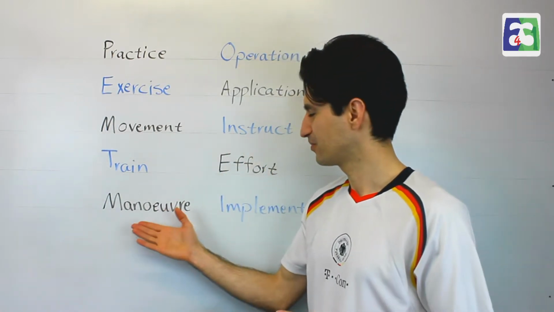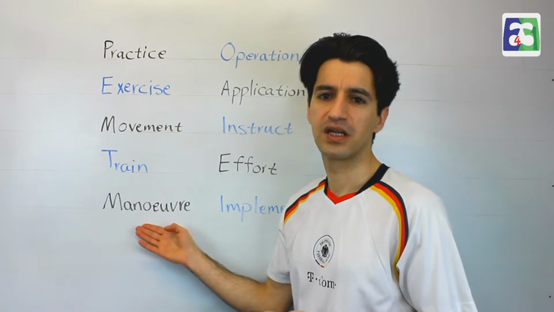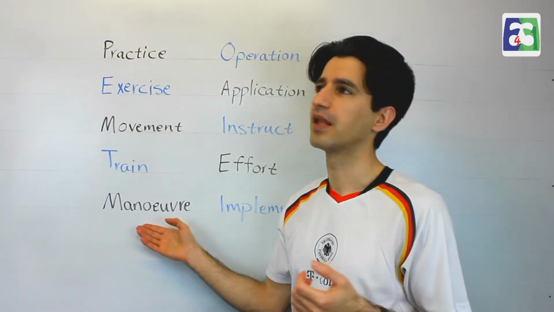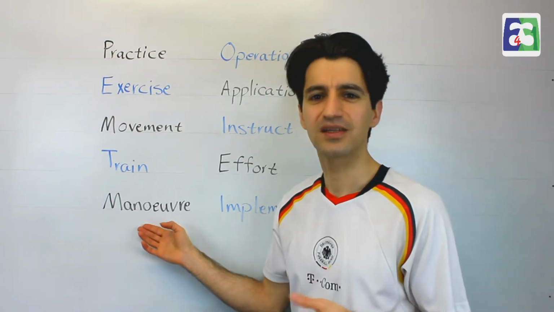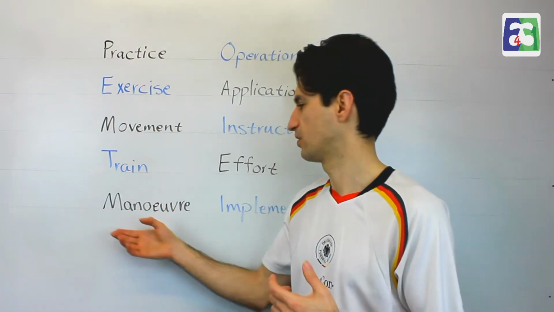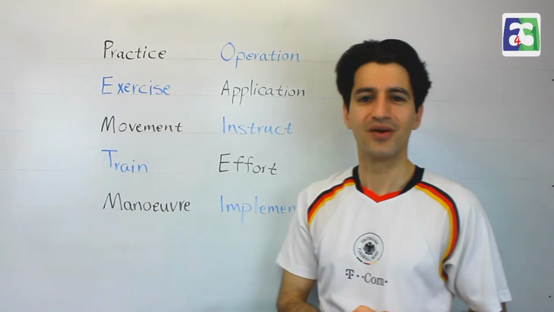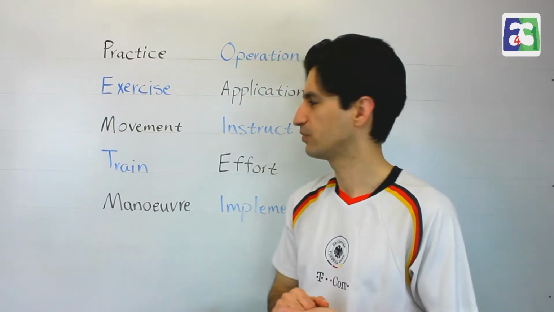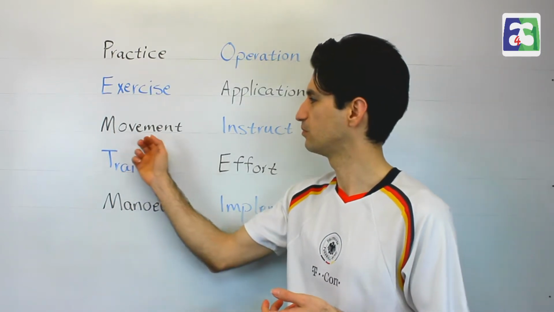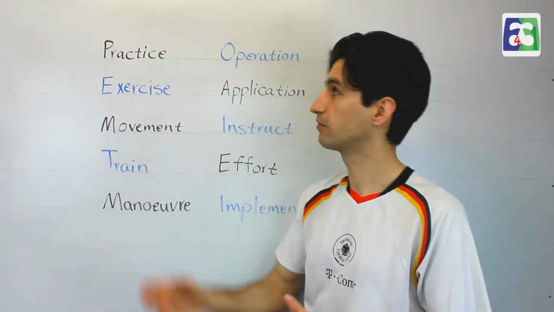Okay, yeah. So in the army, in Red Cross maybe, or other places, every now and then they have some maneuvers. Okay, operation is like a movement that has a specific meaning to itself.